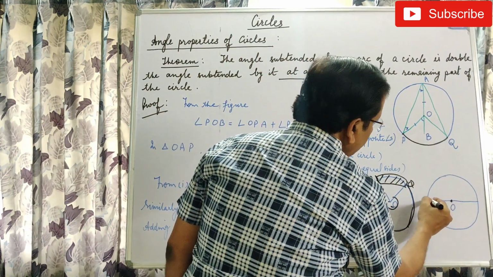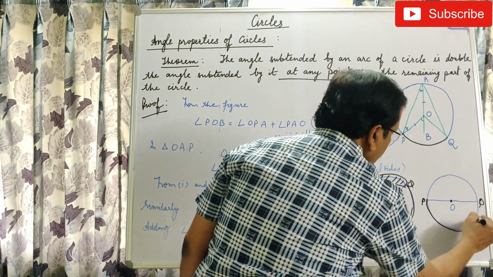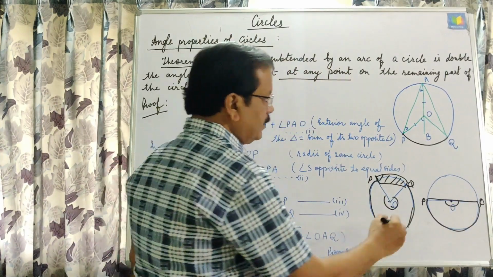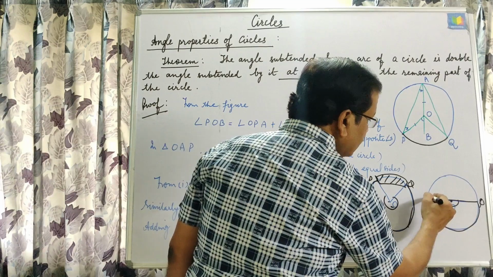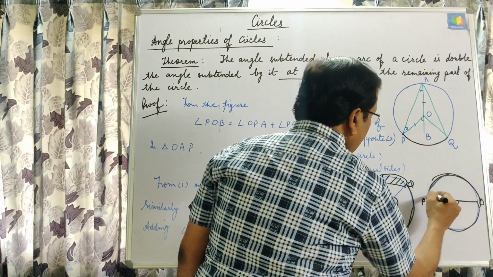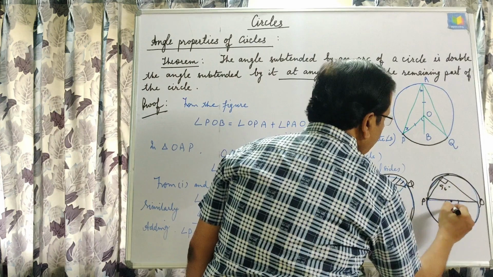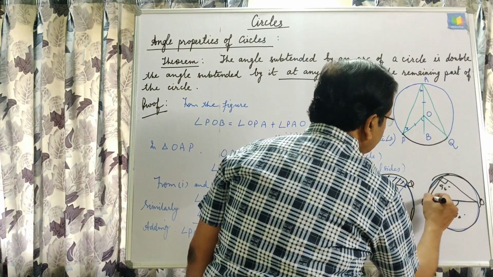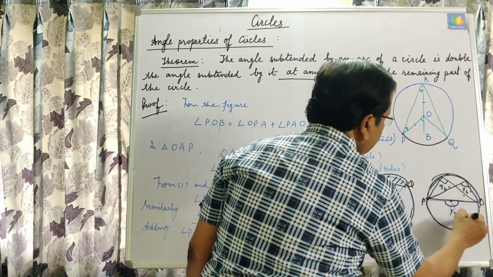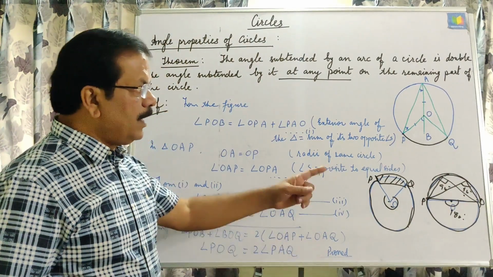Here in this figure you can see P and Q, and the angle subtended by this arc at the center doubles at any other point. Again, any other point will be from P to Q on this portion. And now you can see, this is half of the circle, already 90, and this is 180. You have already been studying since the very beginning that the angle in a half circle is 90 degrees. Okay, this is the statement of the theorem, and now we are going to prove it.